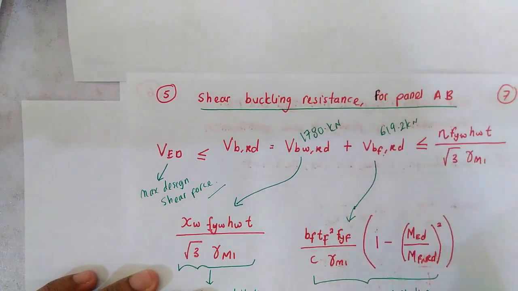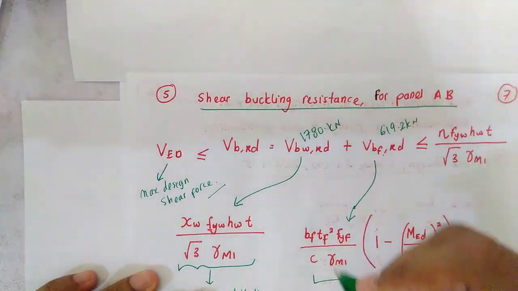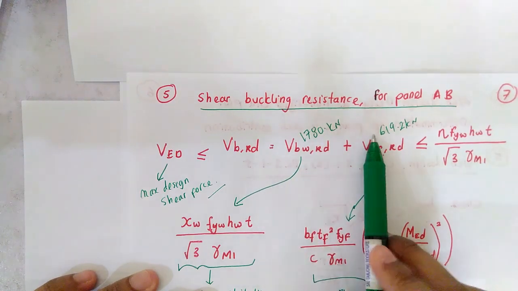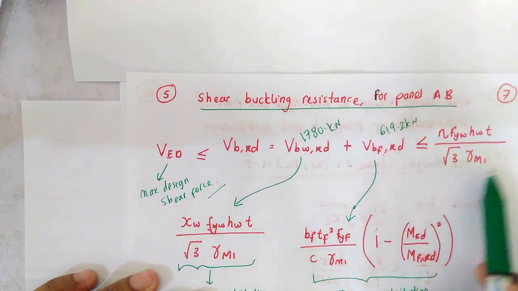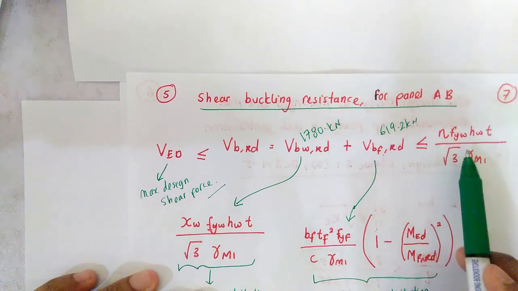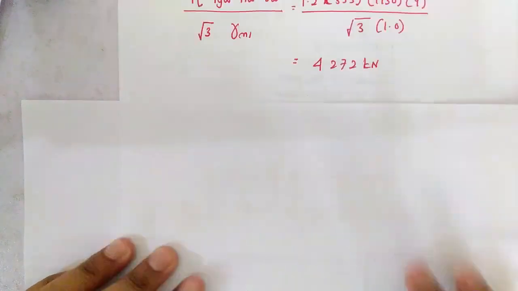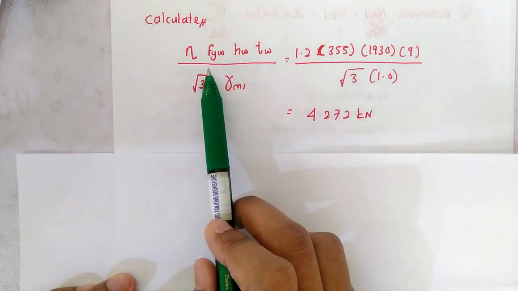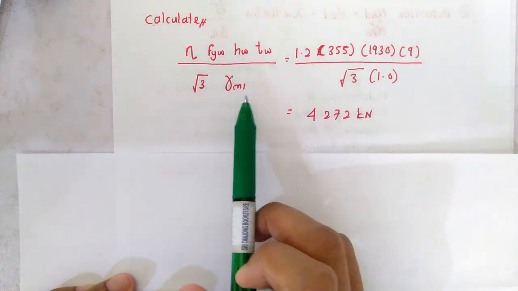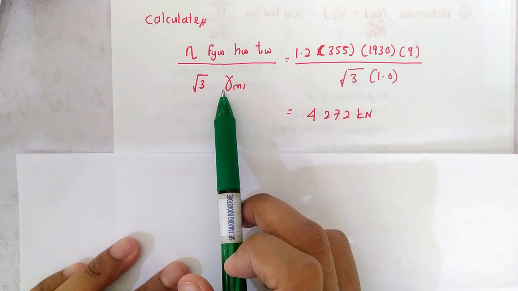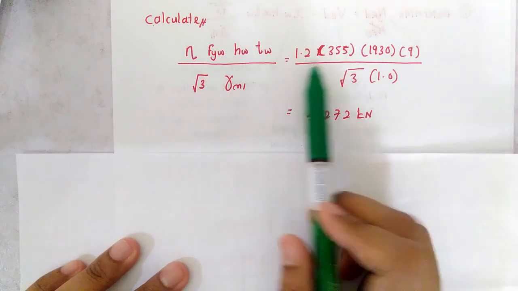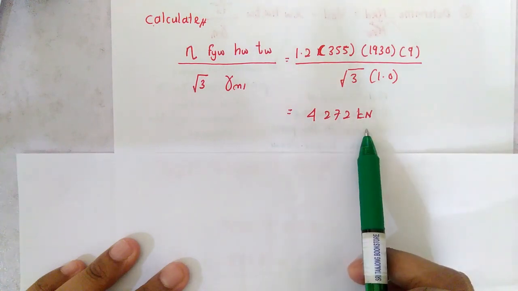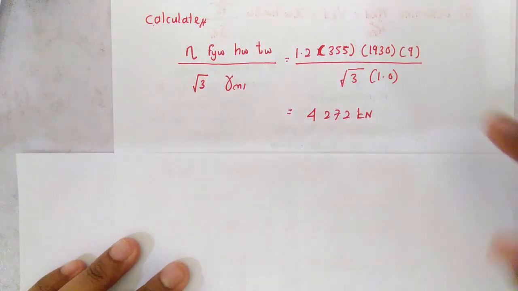Then finally you need to calculate this other value. All the parameters here we already know. Here is 1.2, insert all the parameters, and finally you get 4272 kilonewtons.